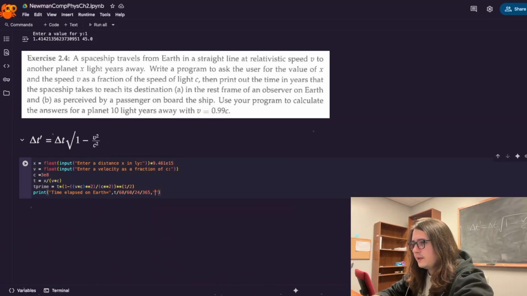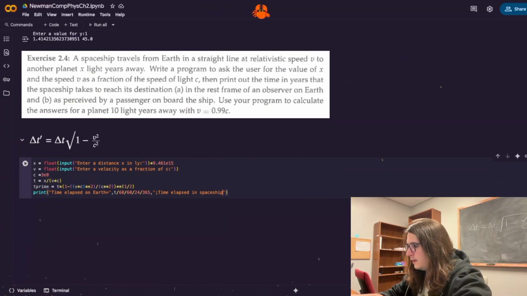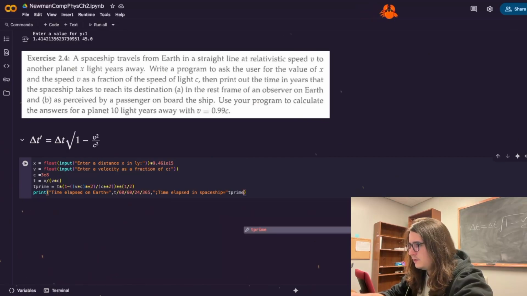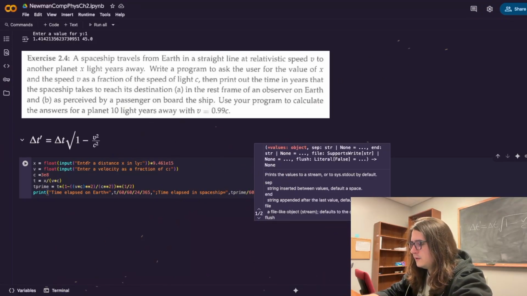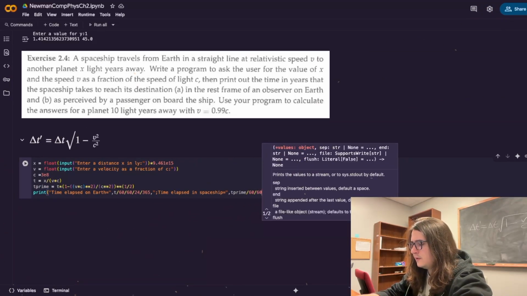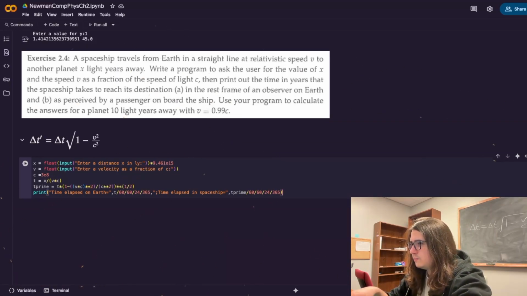And then a semicolon following that, time elapsed in spaceship equals, and then we'll do t prime, and then do the same conversion factor to years. So over 60 over 60 over 24 over 365 should print out years. And that should take care of the whole print statement, I think.